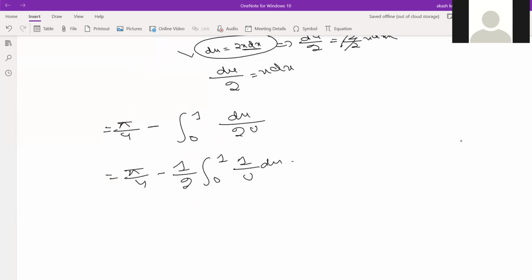Why 1 over 2? Because the 2 is in the denominator.